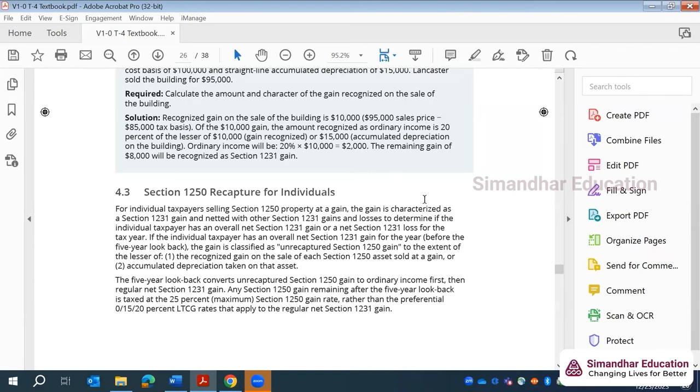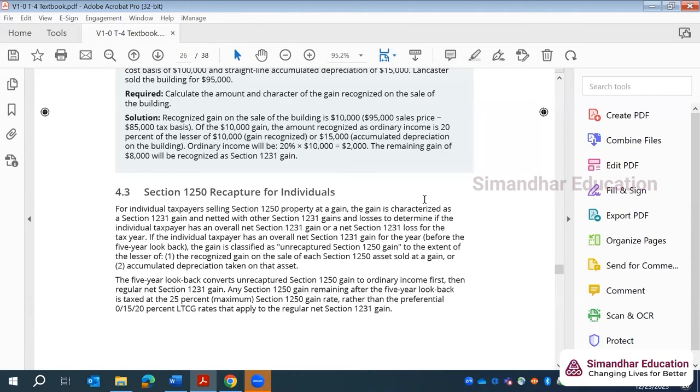The first step is that if you are selling multiple assets, you will characterize all the gain under Section 1231. Obviously, if you are using it in the ordinary trade or business, you will net everything under Section 1231 and then determine whether you have an overall gain or an overall loss. If you have an overall loss, then there's nothing to do. Everything is treated as ordinary and you're done and dusted.